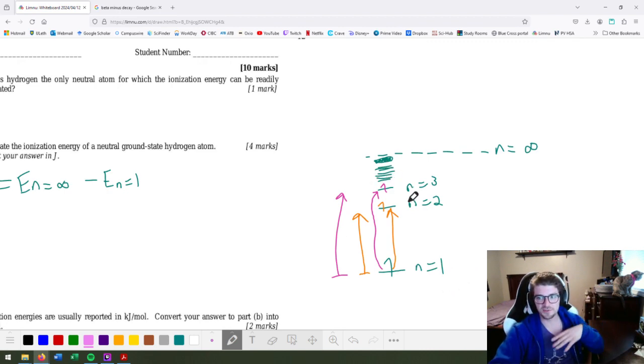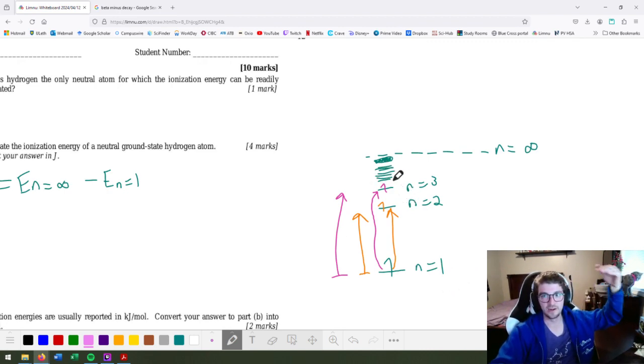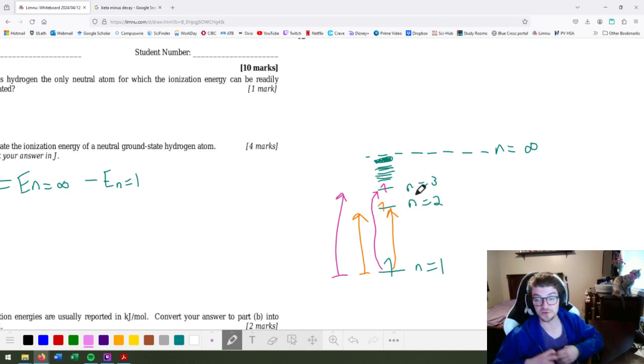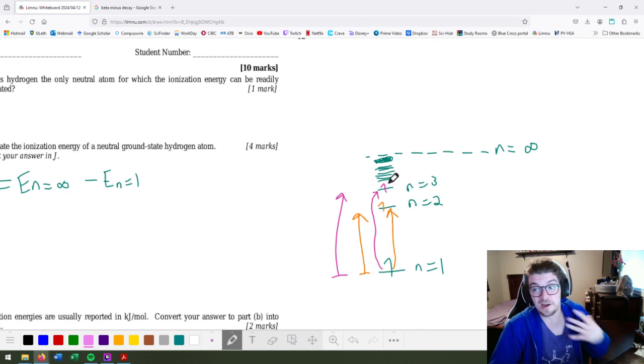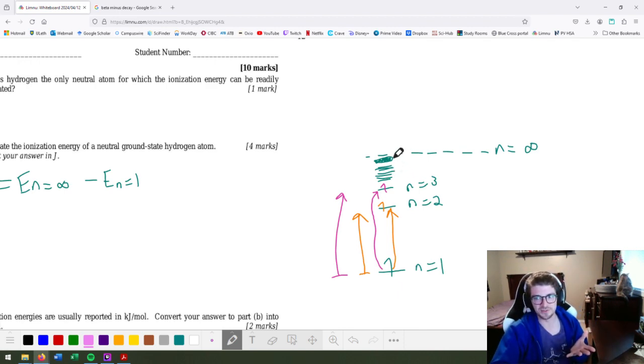And these energy levels, as you go higher and higher, they get closer and closer together. There's reasons for that I will not get into because it's just not super relevant. But suffice it to say, there's effectively an unknown number of energy levels, but just take it to be a lot.